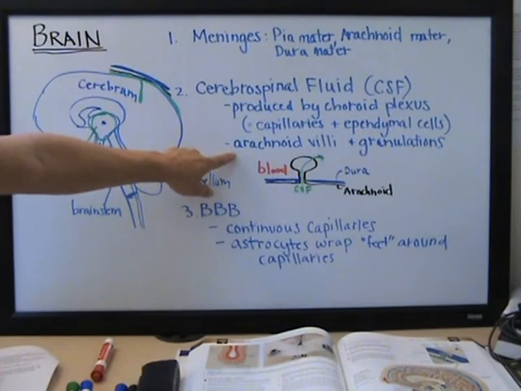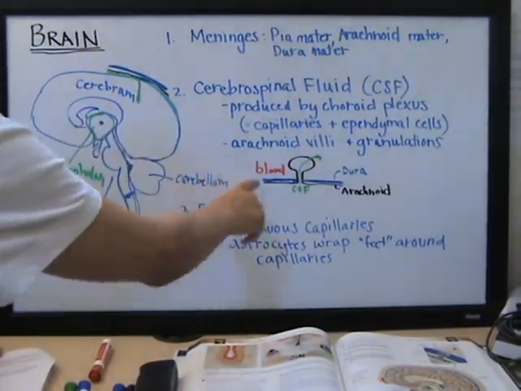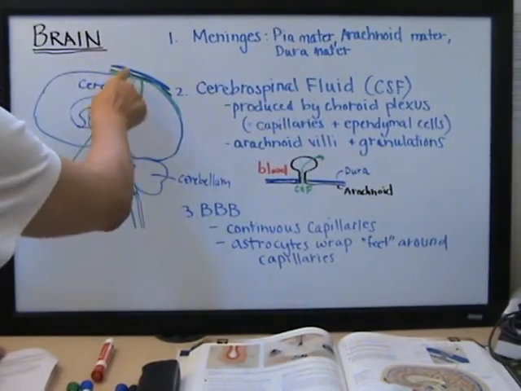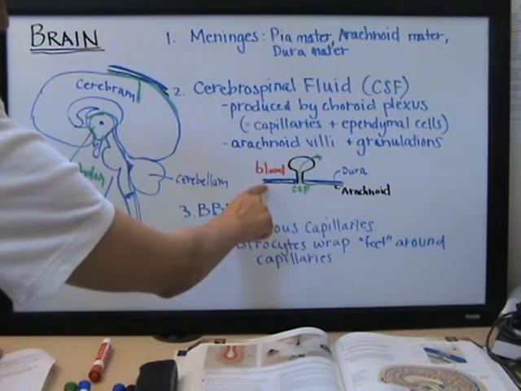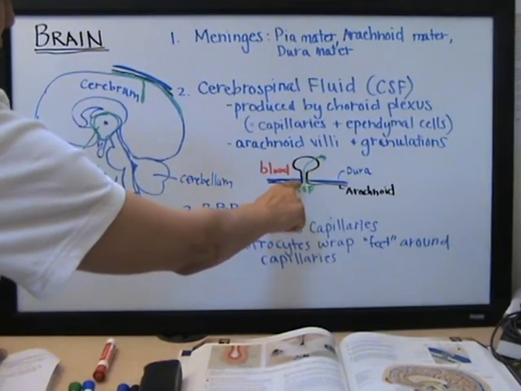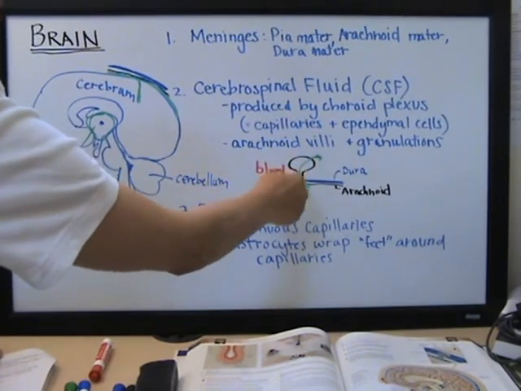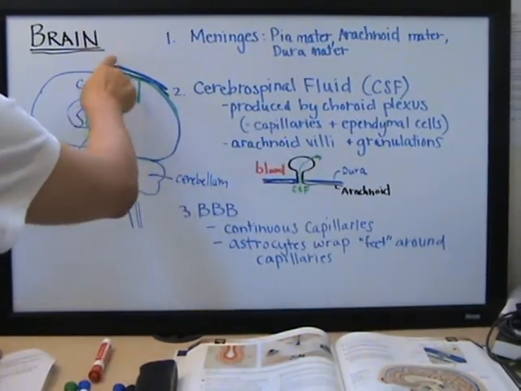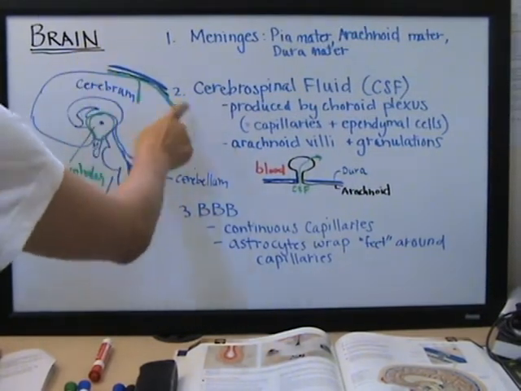I put here arachnoid villi and granulations. Now, in certain areas, especially up here, right along the superior portion of this, the arachnoid, this black layer, forms these little structures that pop up through the dura and into the blood, the veins that are found around the cerebrum.